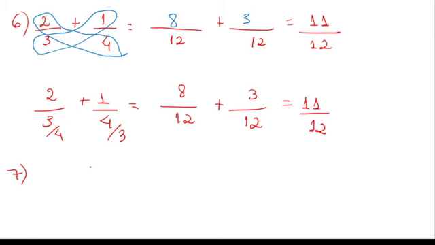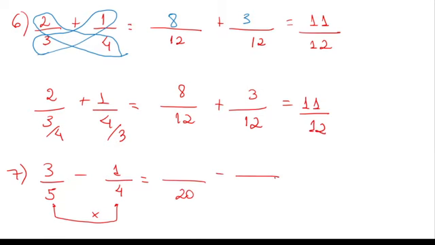Let's see another example of subtraction. Let's say I have 3 over 5 minus 1 over 4. So I do 5 times 4, which is 20, and then I multiply here in crisscross, yes? 3 times 4 is 12, and 5 times 1 is 5.